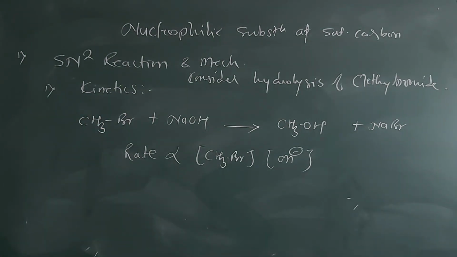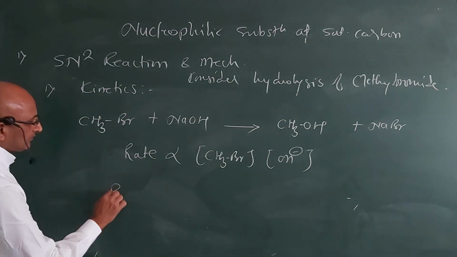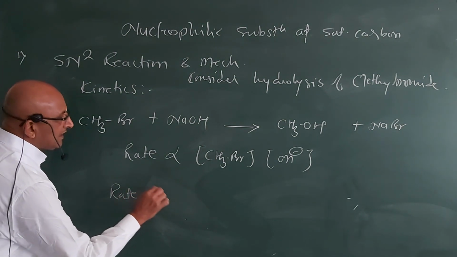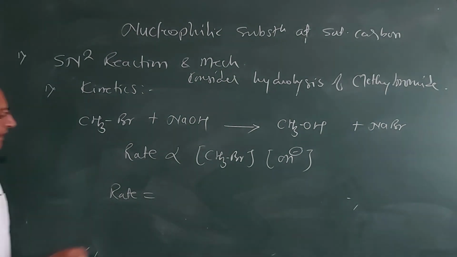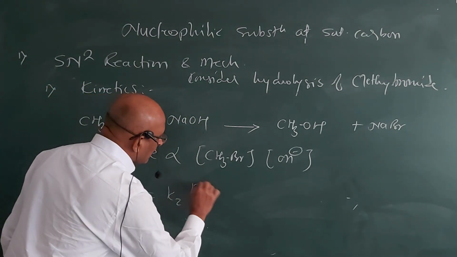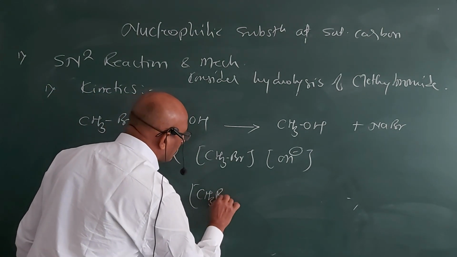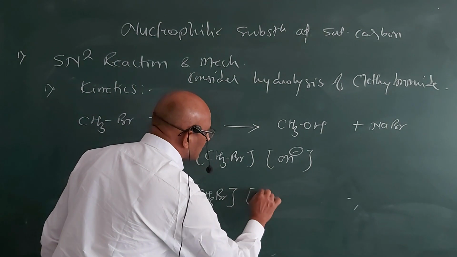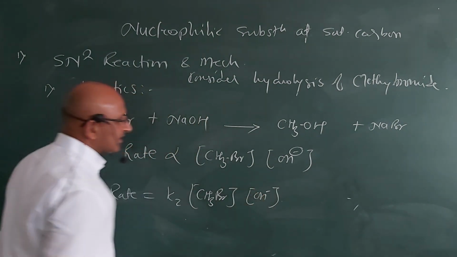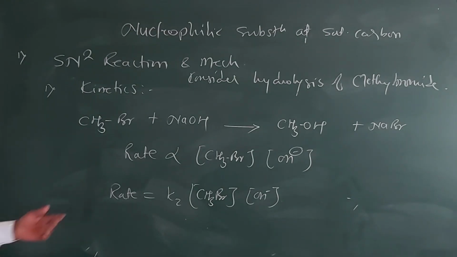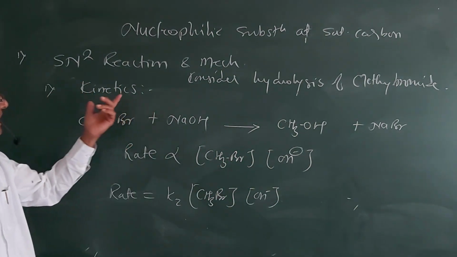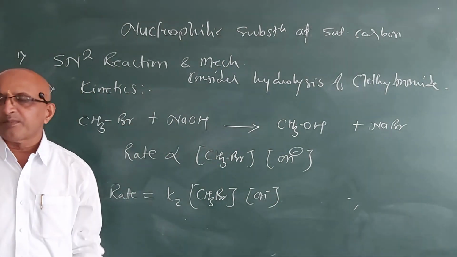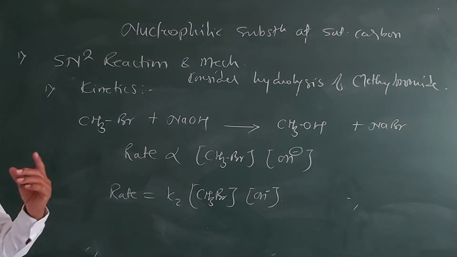And so the rate of reaction is equal to K2 into the concentration of methyl bromide and the concentration of OH minus. And as the rate is proportional to the substrate and nucleophile, these both are involved in the slow step, the rate determining step.